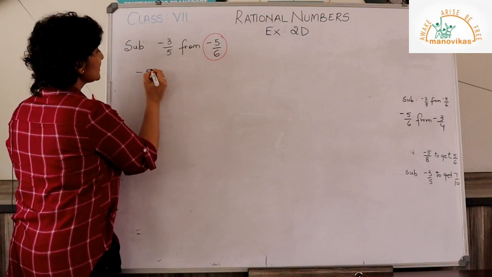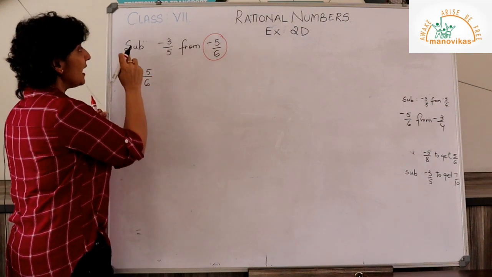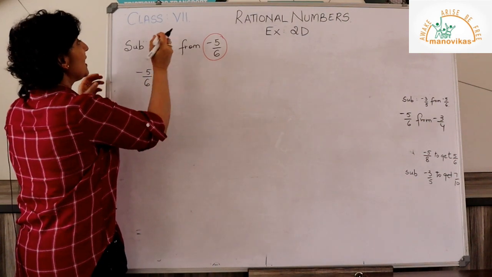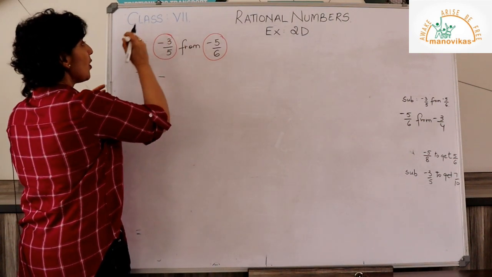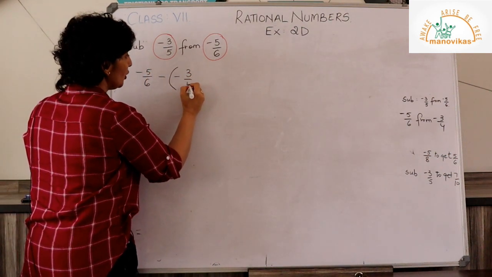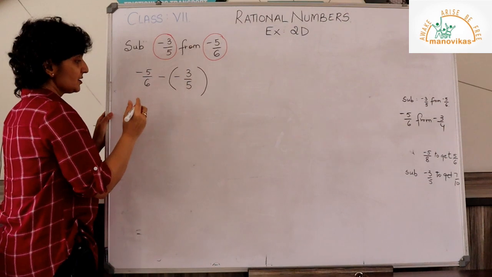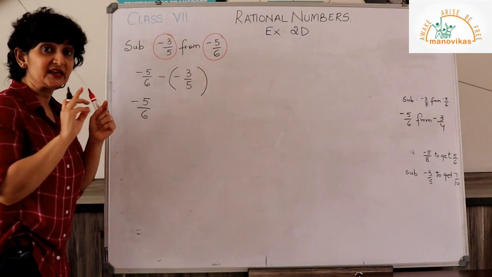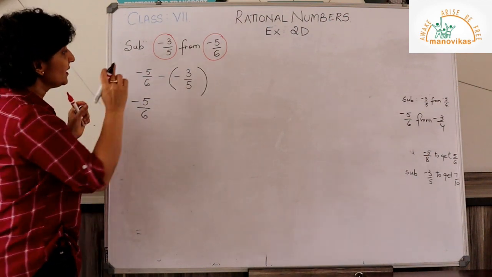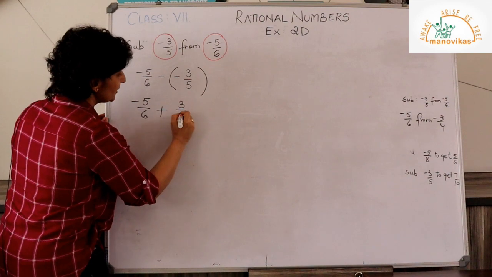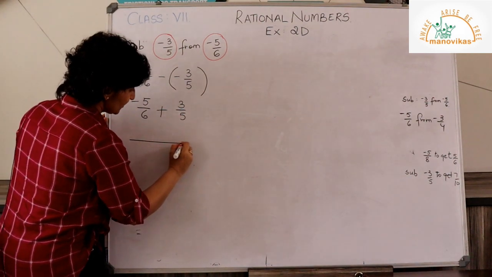So minus 5 upon 6, I am subtracting, so minus, and then I will take this whole number, that is minus 3 upon 5. We cannot have two signs in between. So minus and minus gives me plus 3 upon 5.